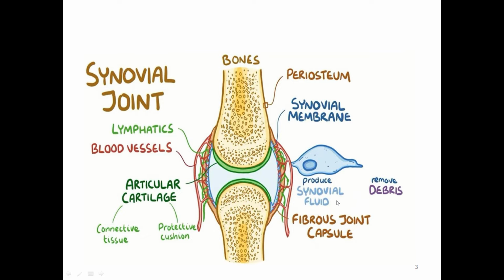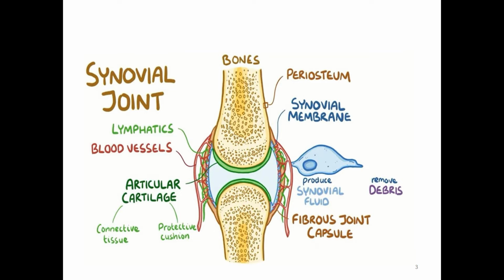And here is the synovial fluid that produces debris. Debris means waste material of any cavity. Okay, so it is connected with the fibrous joint capsule. So here is the simple anatomy of any synovial joint. You can also say it is a knee joint.